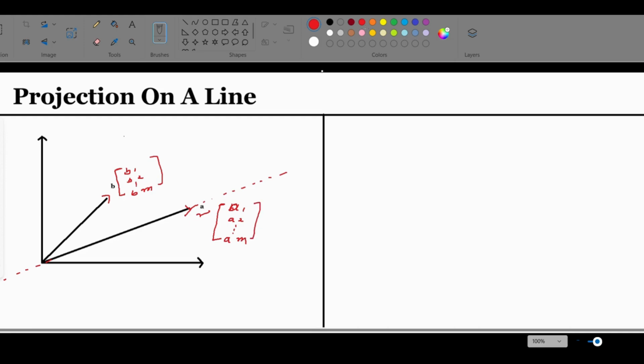Let us now talk about how we could intuitively understand this projection of B on the line going through A. So for that, a very basic example is this: how would a shadow look if there was a light source perpendicularly above B? To show that, let's say there's a light source right up here.